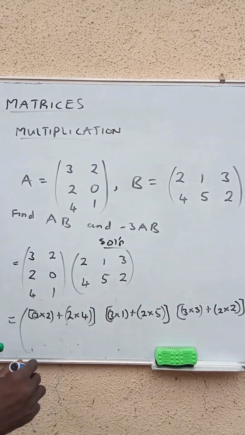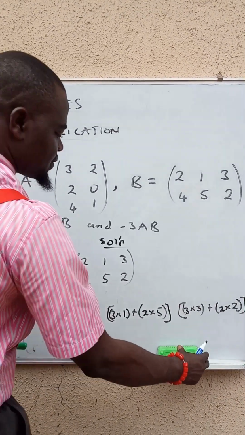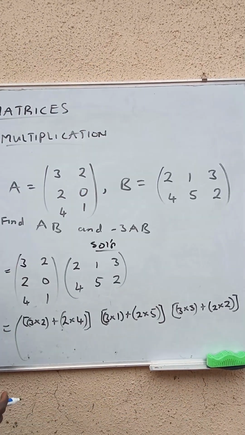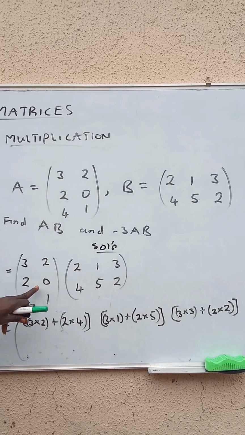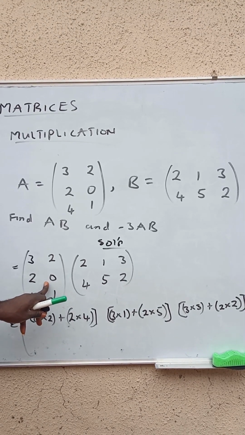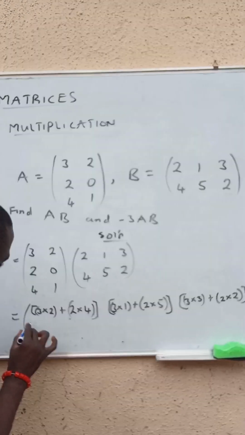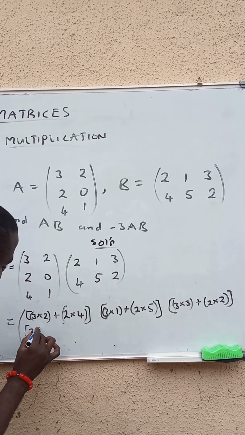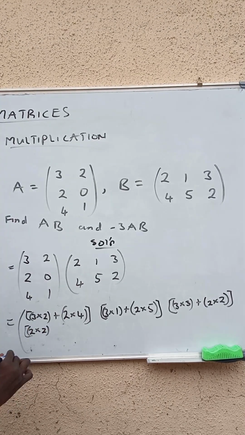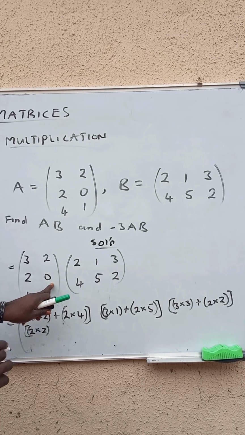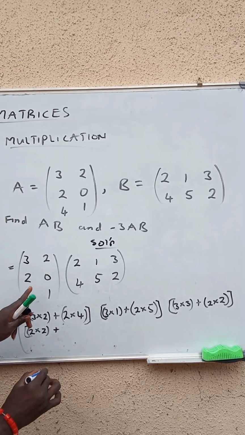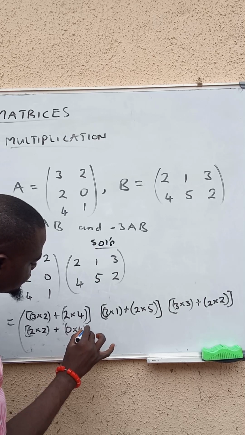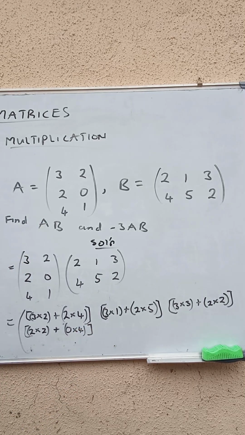There it is. Now you come to another one. This is how multiplication of matrices is done. You take the second row here, which is what? 2 times 2. You take 0, 0 times 4. Right?